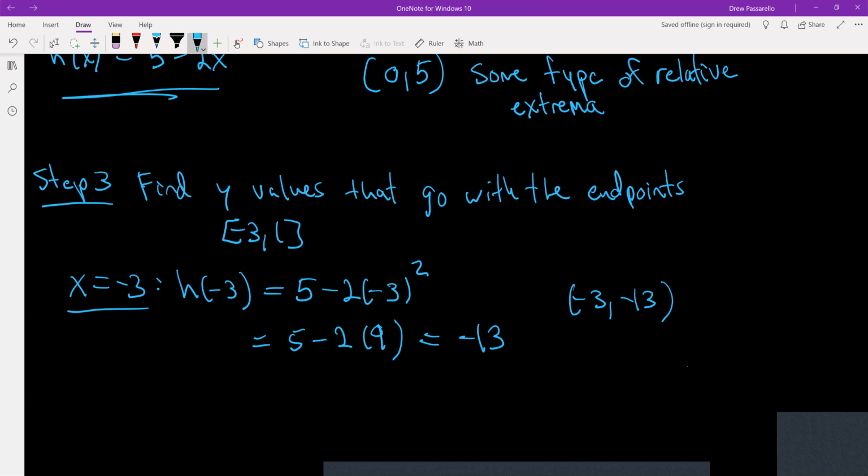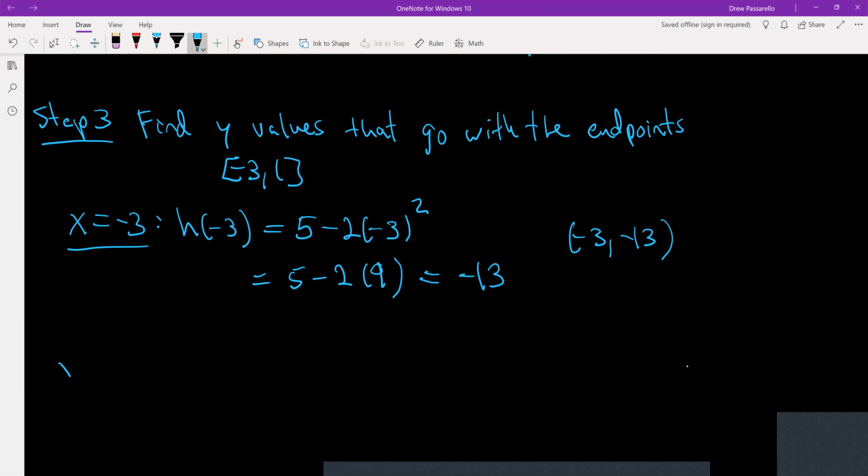Then for the other one, for 1, it's 5 minus 2 times 1 squared, which is basically 5 minus 2, which gives you 3. That's the y coordinate that goes with the x value 1.